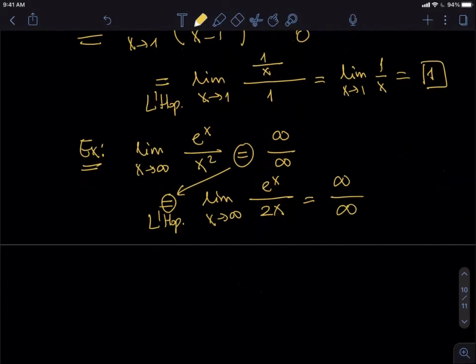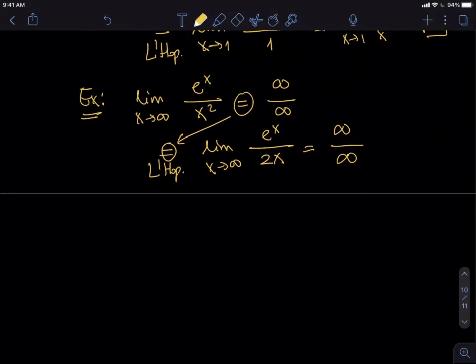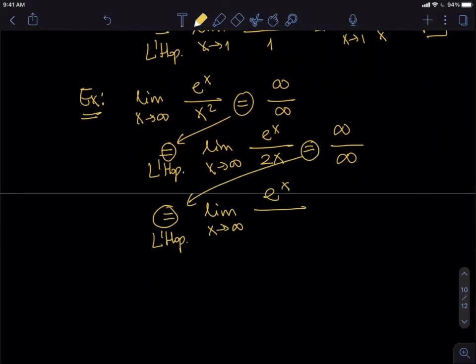Wait, what happened here? Well, we applied L'Hopital once. We got an indetermination of the same type. Let's apply it again. So the derivative of the exponential is e^x again, and then the derivative of 2x is 2. But now it's clear. Now it's not an indetermination anymore. So this is infinity divided by 2, which is infinity.